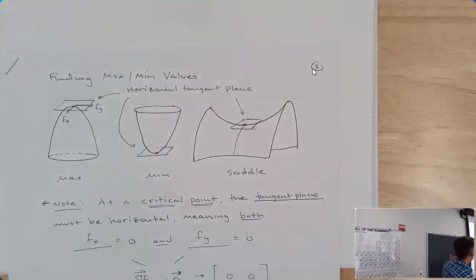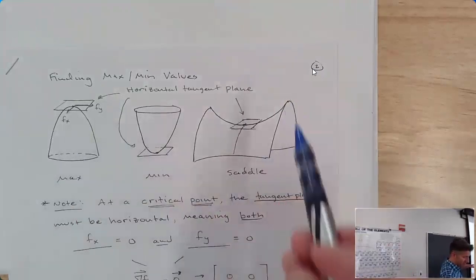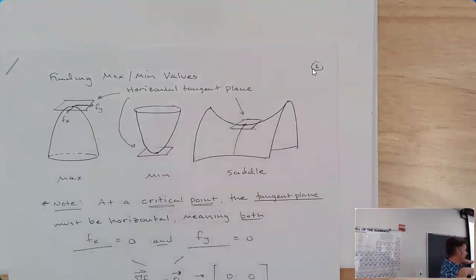What's going to be true all the time is that at a critical point, where you have one of these three things, the plane that is tangent to the surface at that point is going to be horizontal, meaning the directional derivative in the x direction and the y direction, in fact in every direction, should equal 0. In other words, to identify a critical point, we set each of the partial derivatives equal to 0 and find all the solutions.